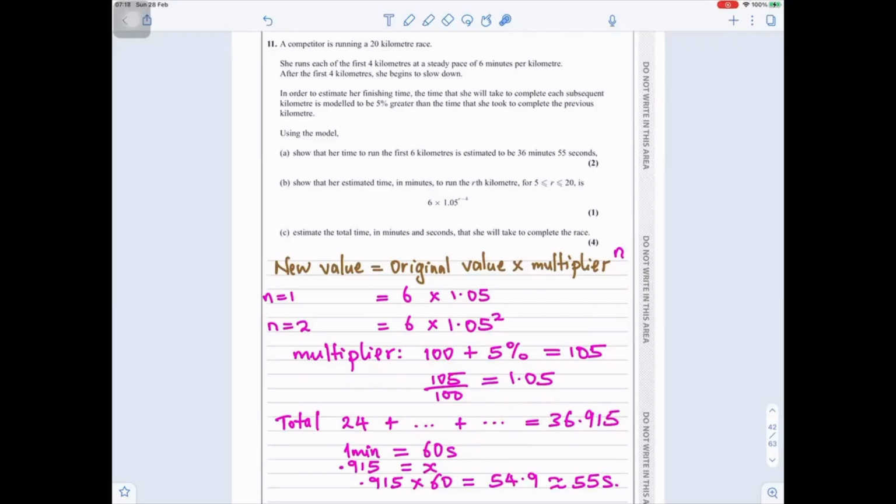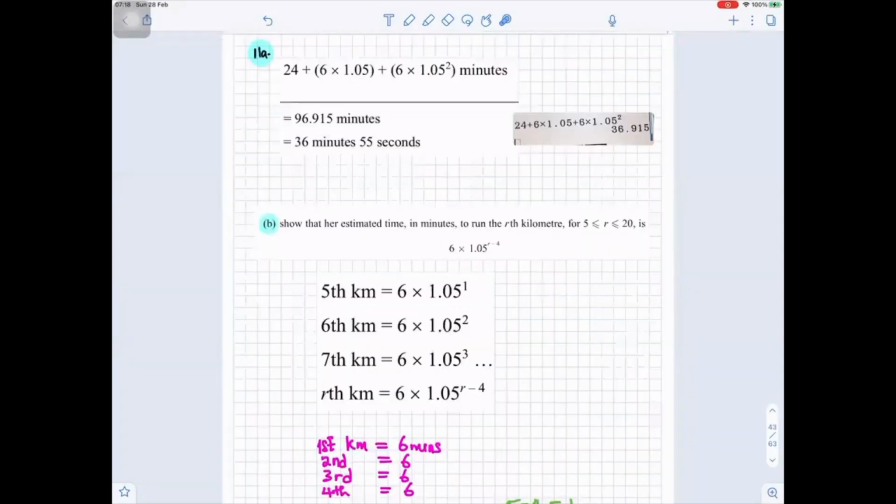So 0.915 minutes is 0.915 times 60, which is 54.9, which is approximately 55 seconds. So you will get 36 minutes and 55 seconds.